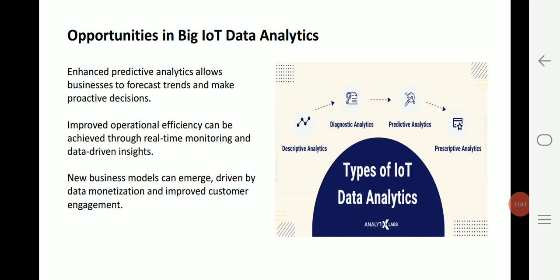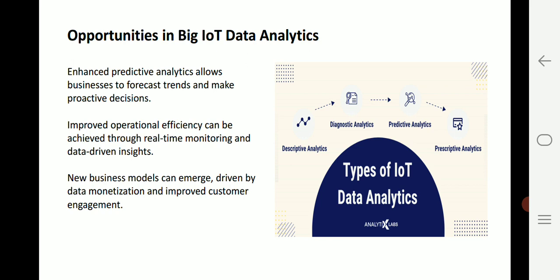Opportunities in big IoT data analytics. Enhanced predictive analytics allows business to forecast trends and make proactive decisions. Improved operational efficiency can be achieved through real-time monitoring and data-driven insights. New business models can emerge driven by data monetization and improved customer engagement.